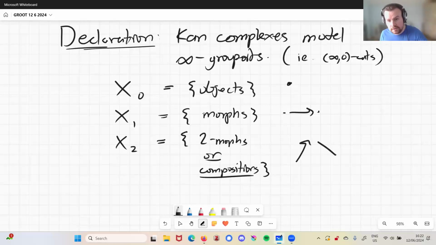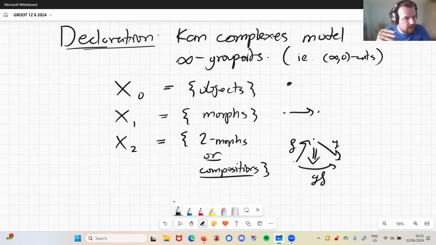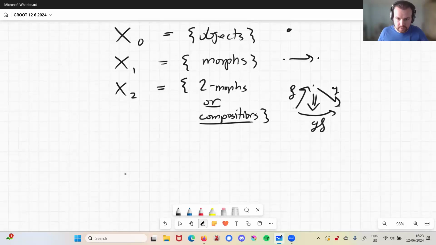That is to say, if you see a two simplex, you can see this as, hey, I've got a chain of two morphisms. I have F, I have G, and then I have a composite GF, and I have some two isomorphism witnessing the composition, right? In a topological space, F and G would be paths, GF would be some concatenation of the two, and this middle bit would be a homotopy witnessing the concatenation. Maybe the homotopy shifts the parametrization around or something. Okay. And so on and so forth. In general, we'll see Xn as composites of n morphisms.